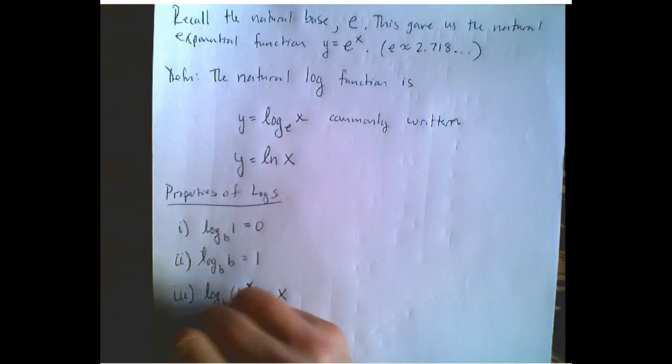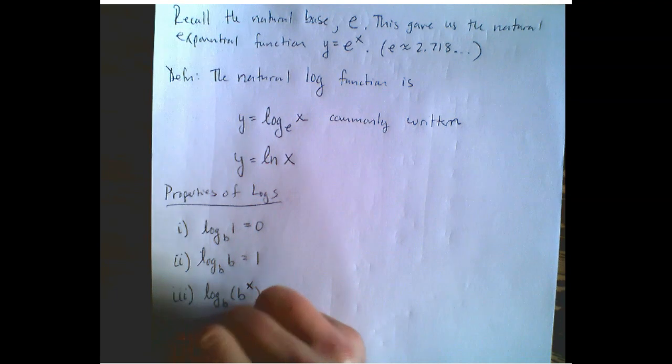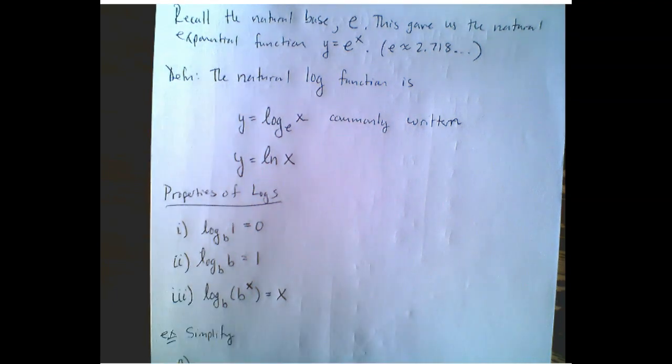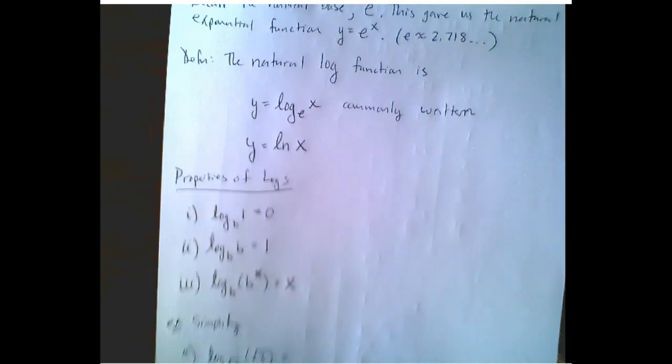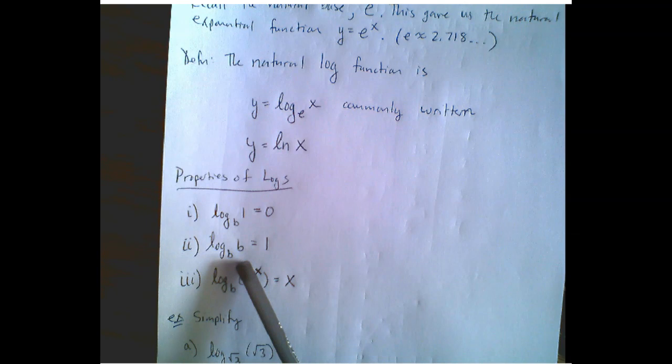Let's do some examples. Simplify. How about log base root 3 of root 3? What's that equal to? Well, using this property here, we know that what power do we raise the square root of 3 to get the square root of 3?